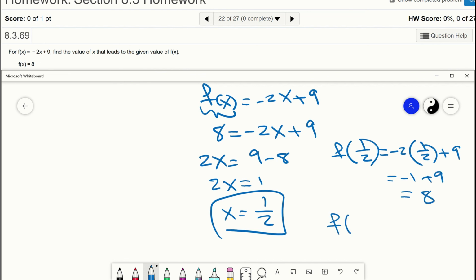So f of 1/2 is indeed 8. Isn't that what you were trying to find? You were trying to find the input whose output is 8, right? Look, here's the input, and the output of this function for that input is 8. So there, we found it in the first part anyway. Okay? This is not more of it, this is exactly a check.